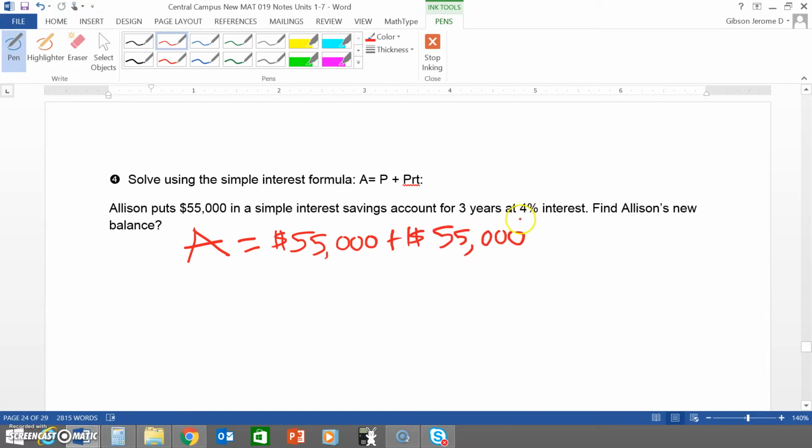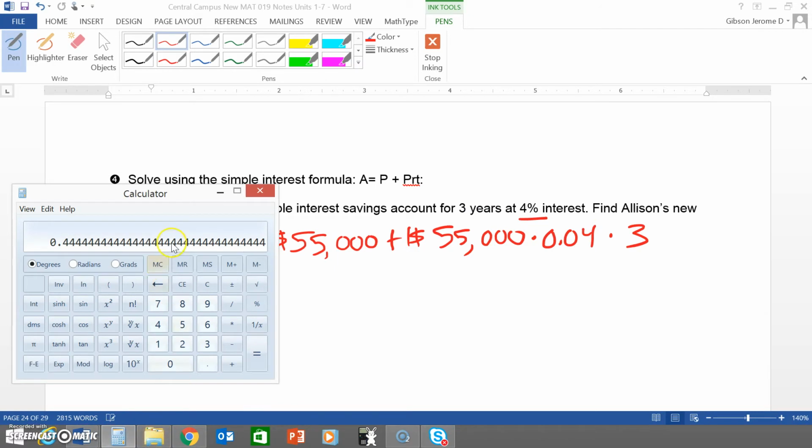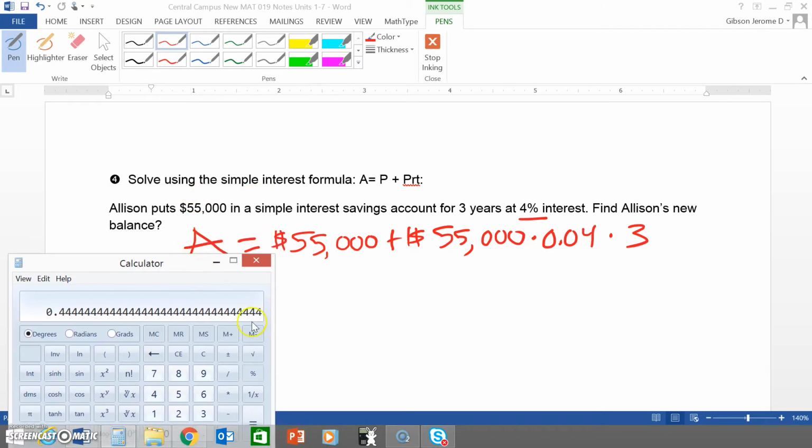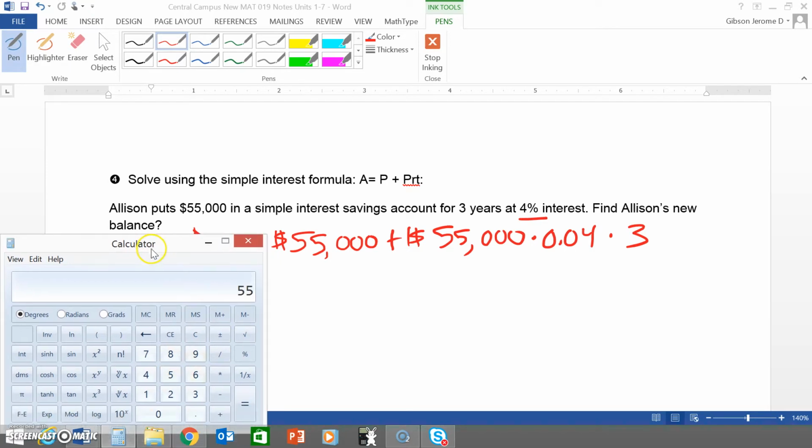The rate is the percentage rate, so we'll change that to a decimal. And the time would be 3 years. So now we could take our calculator and we'll put these values in.